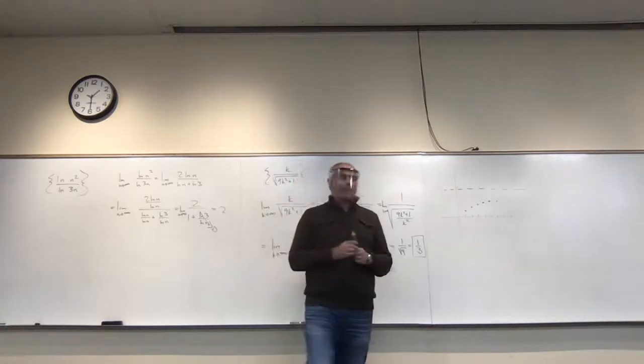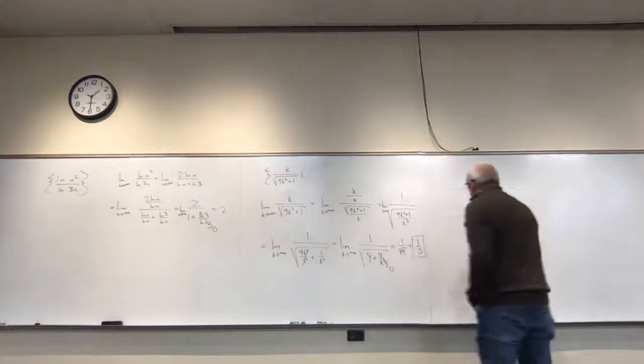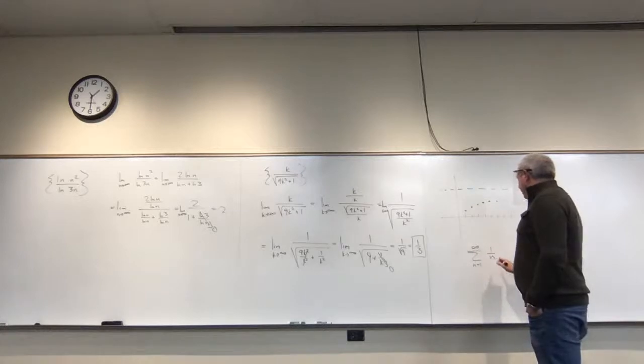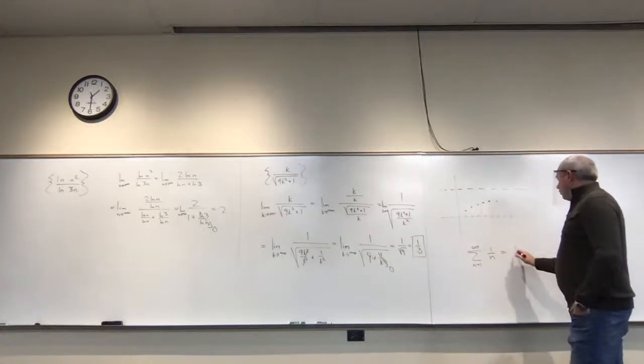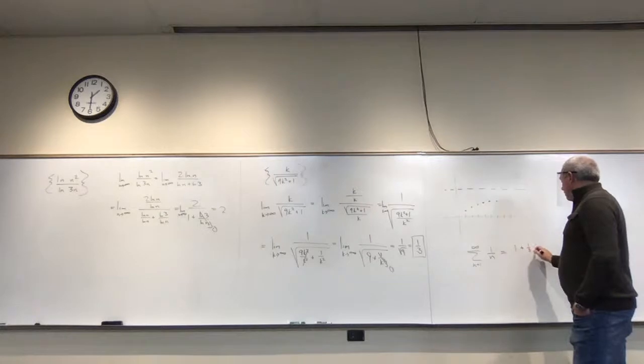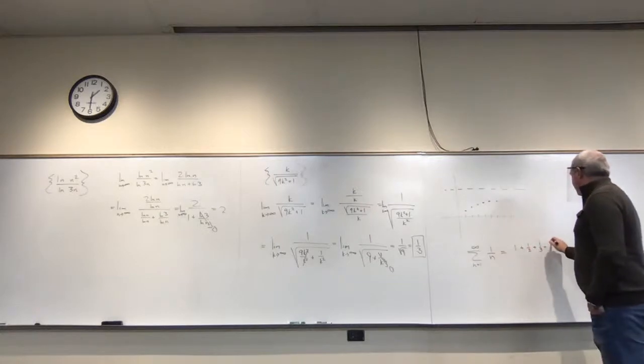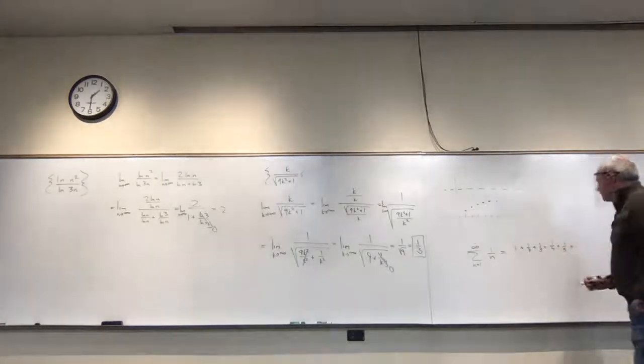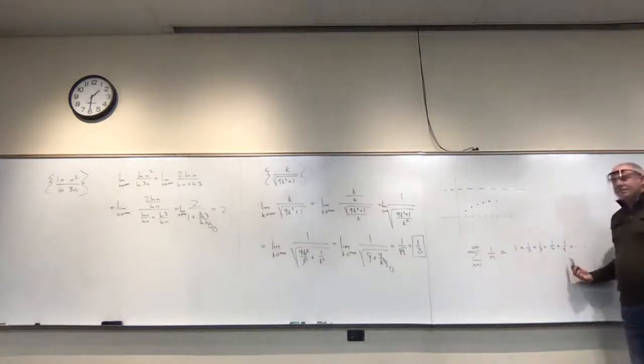Like the most famous one, and I'll talk more about this one hopefully next time, would be the sum going from 1 to infinity of 1 over n, which is 1 plus a half, plus a third, plus a fourth, plus a fifth. And it's confusing because these are getting very, very small.